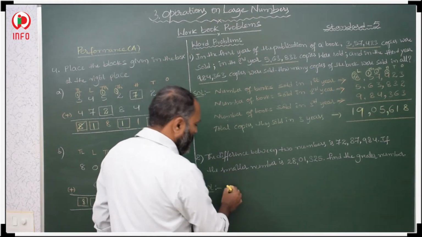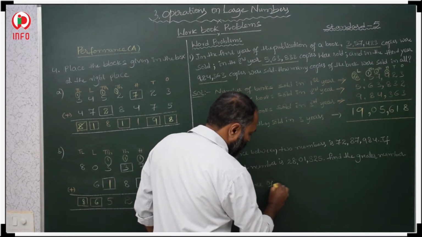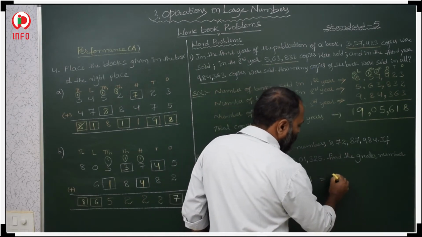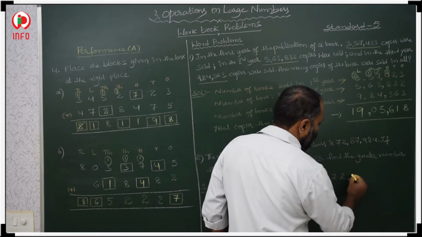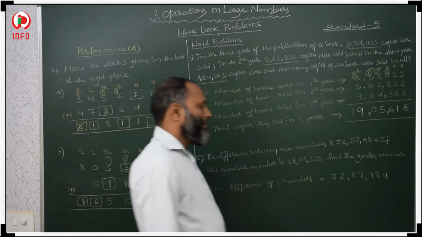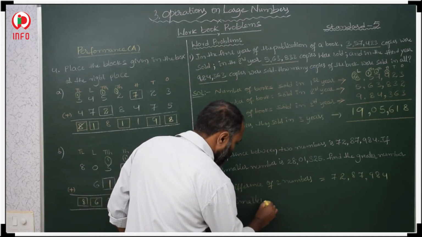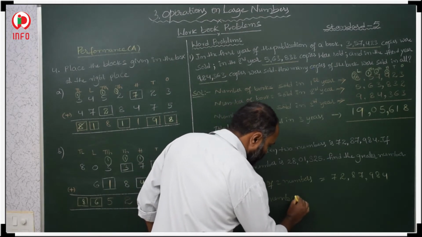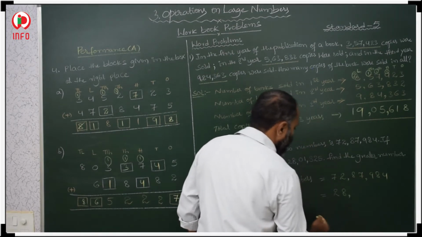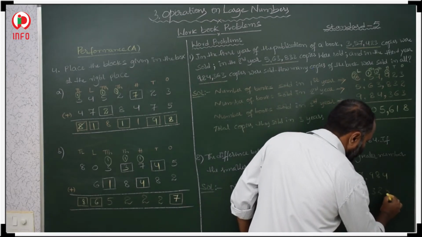Here, difference of two numbers is equal to 72,87,984. This is the difference. Now, the smaller number, which one is the smaller number? 28 lakhs 1,325.